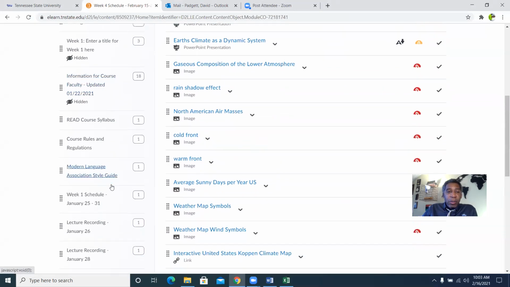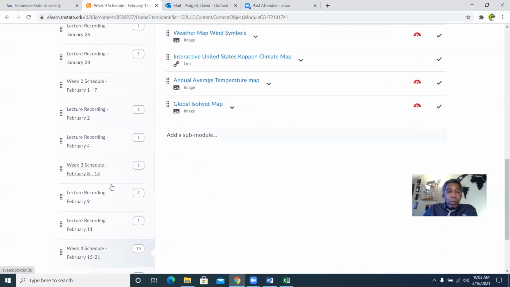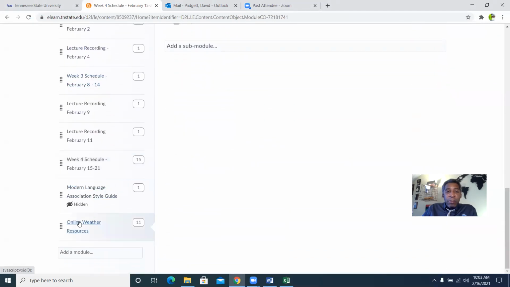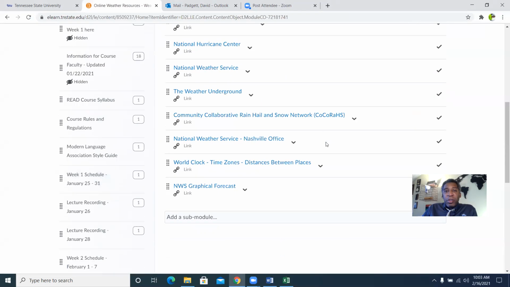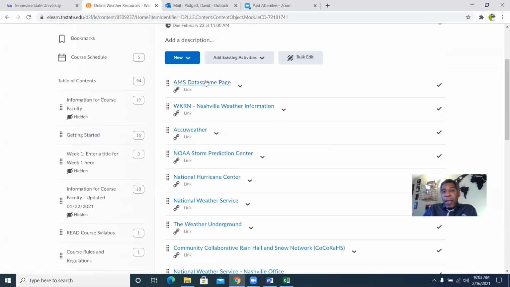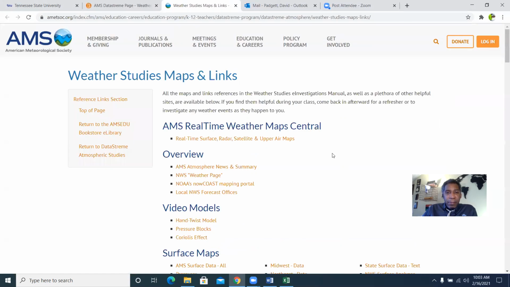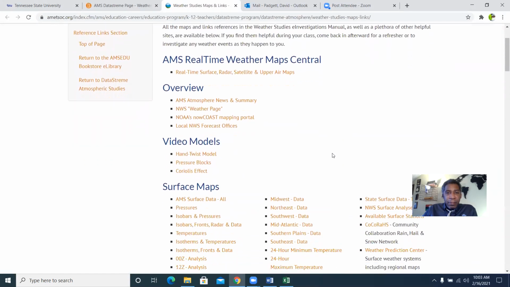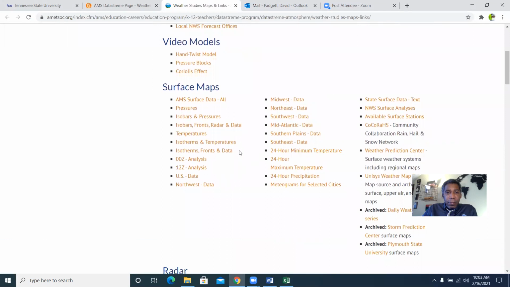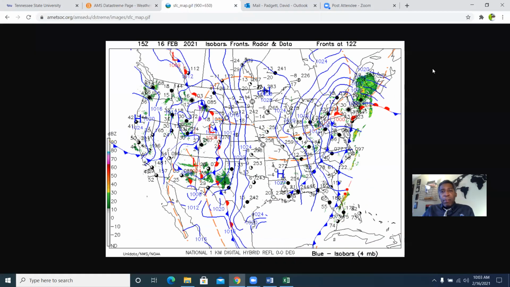And so we may as well segue right into our data stream map and look at today's weather map. Okay, so this is February the 16th, and that's today. And so we're going to do this every day, is take a look at weather.